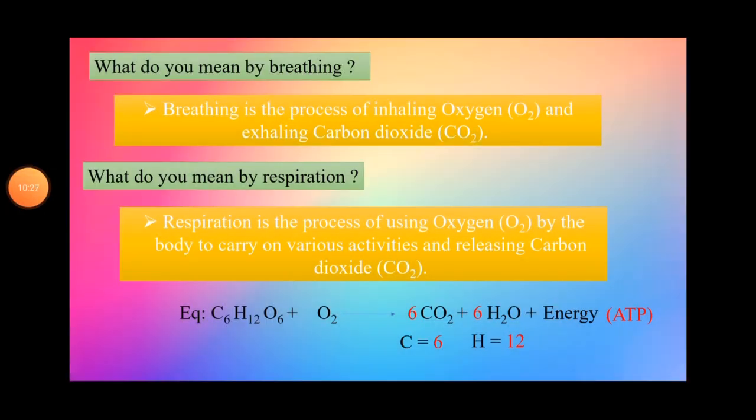In your product side, the oxygen molecules are 6 twos are 12, because in CO2 there were already 2 molecules and we added 6 before C. In carbon dioxide we got 12 molecules of oxygen, whereas in water, that is H2O, we got only 6 molecules. So 12 plus 6 equals 18. In your product side there are 18 molecules of oxygen and you have only 6 molecules over here.